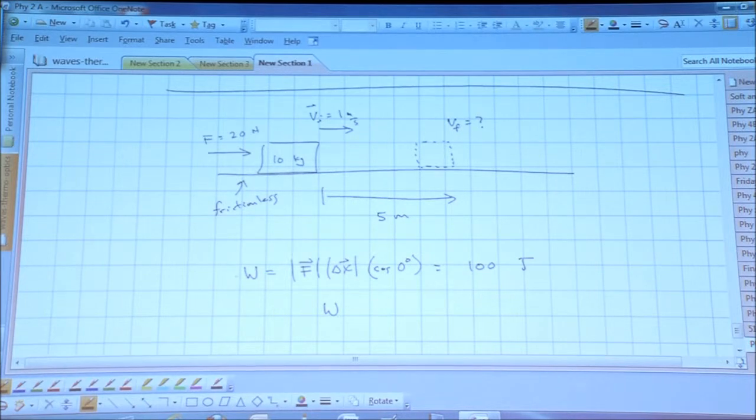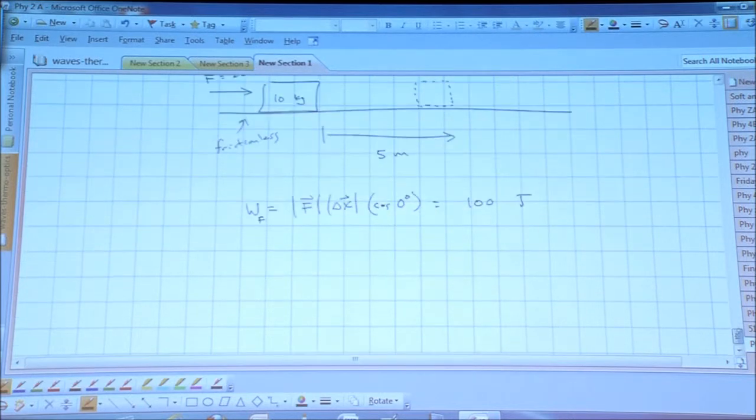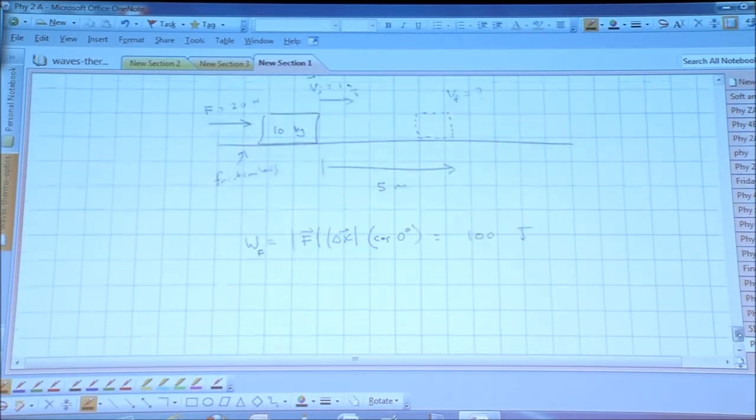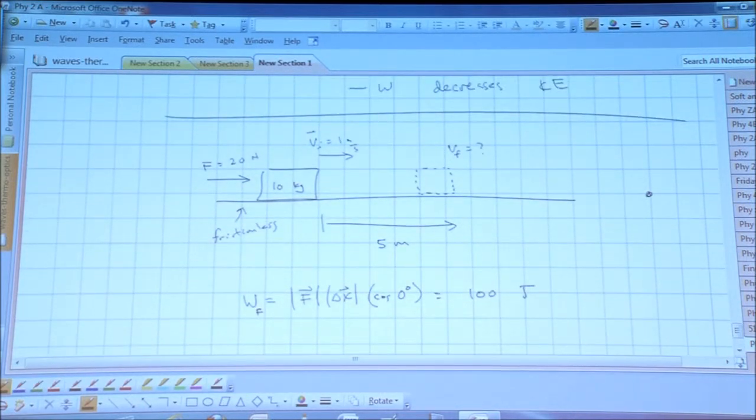In this case, it's the only, well, let's draw a free body diagram. This is the work done by F, right? Let's draw a free body diagram for that 10 kilogram block. What's touching it? F. What else is touching it?